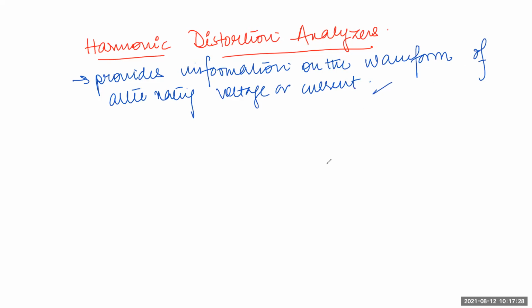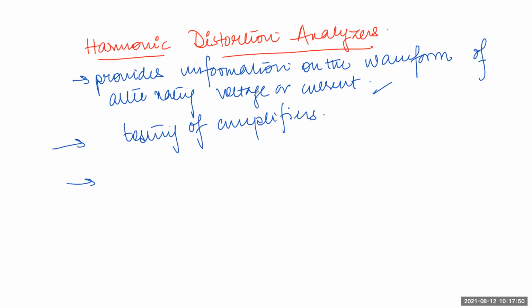For what are harmonic distortion analyzers used? This type of measurement is used for testing of amplifiers and networks, to see to what extent they distort the input signal.